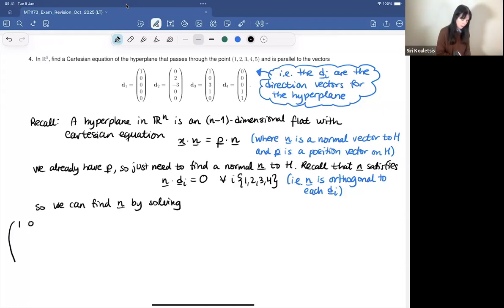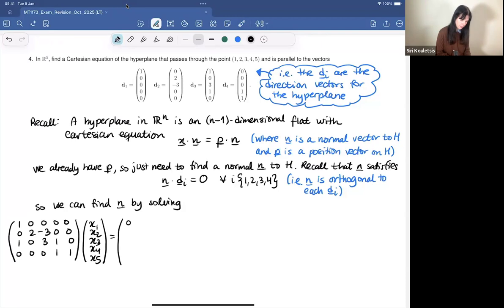If we take the direction vectors, put them as rows in a matrix, and we find the null space of this matrix, that precisely will give us a normal to the hyperplane.